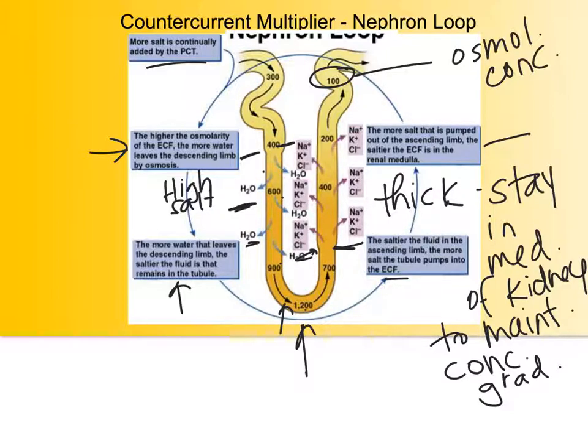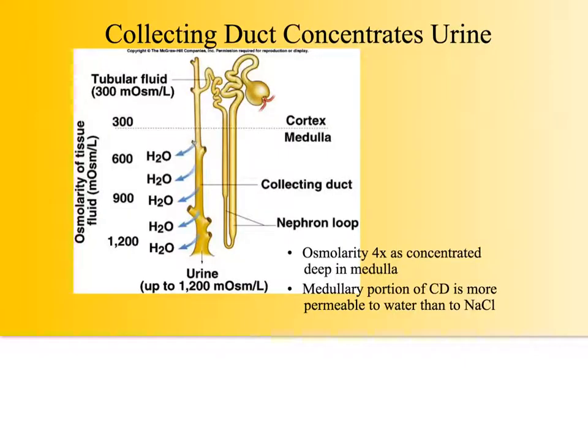The next picture shows it again. So let me show you. This is continuing on. If it stays salty out here in the medulla, water's going to leave the collecting duct and go into the kidney, and it'll get picked back up by the blood.